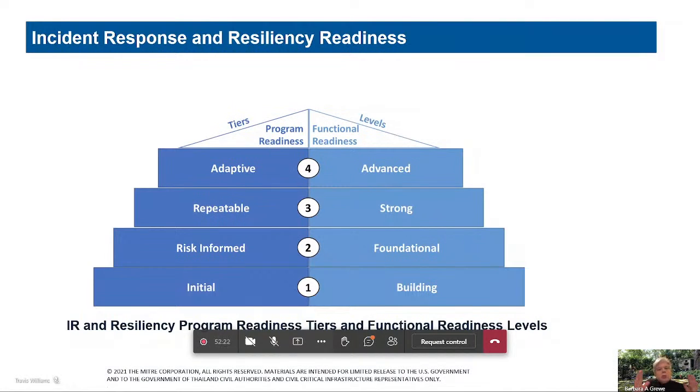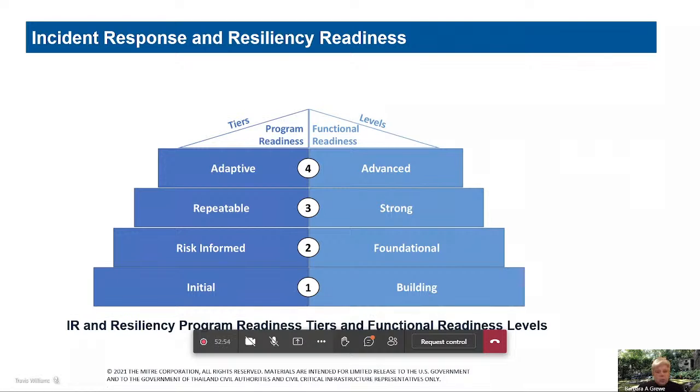We showed you in session 1 these tiers and levels for incident response and resiliency readiness. Cybersecurity incidents experienced by critical infrastructure providers, the government, or virtually any other organization within your national cyber ecosystem may have significant negative impacts on the missions of the critical infrastructure operators.